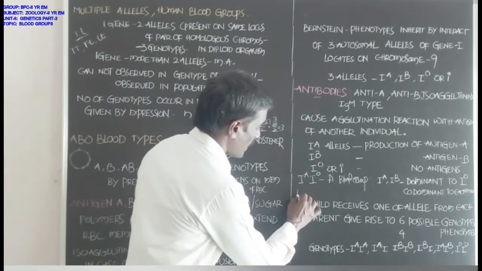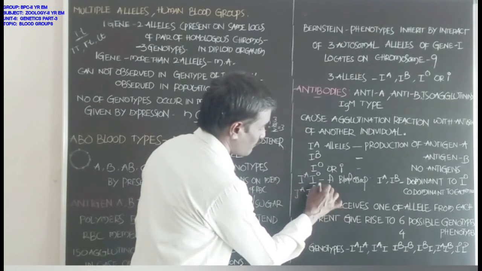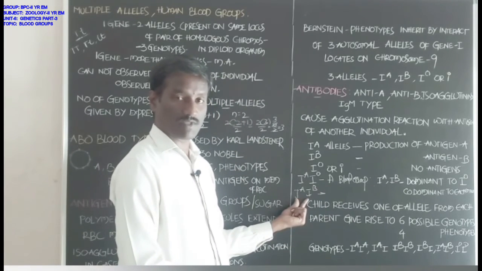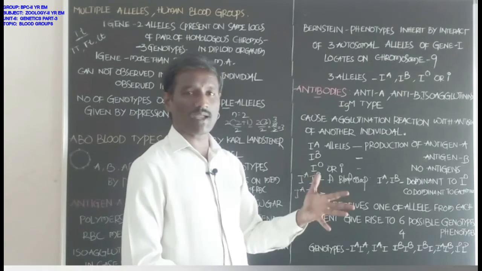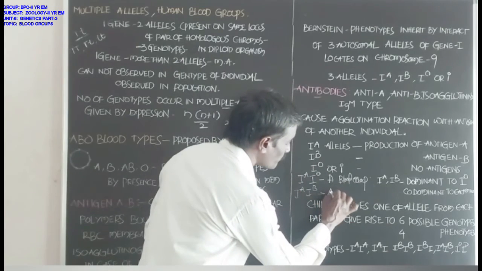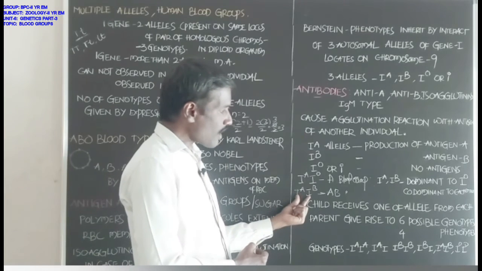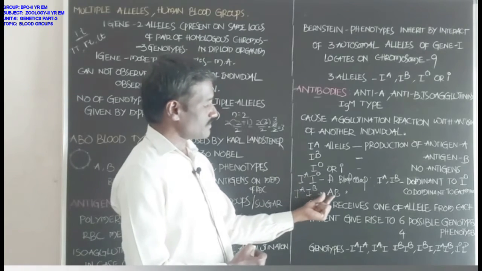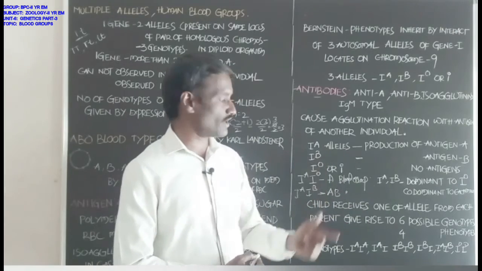If IA is from the mother and IB is from the father, the child shows the AB blood group, because they are co-dominant to each other.